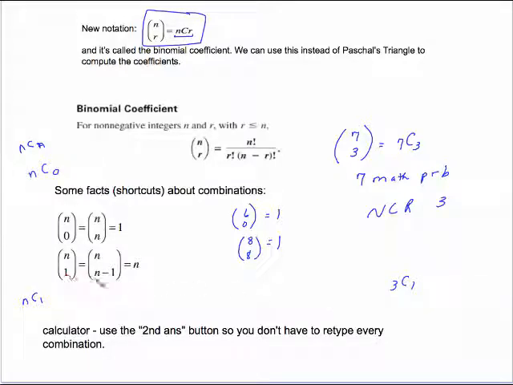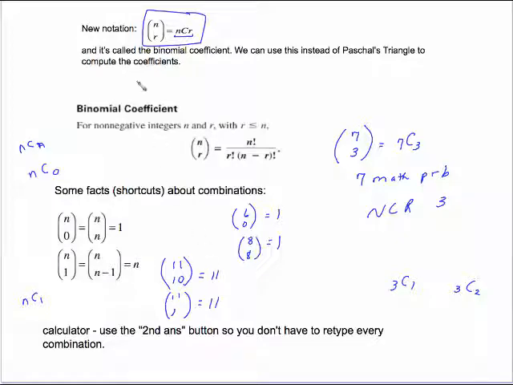3C1 is the same as 3C2, because 2 plus 1 adds up to 3. That's what this notation is saying. So if I have 11C10, then automatically it is 11. 11C10 is the same thing as 11C1, which is 11.